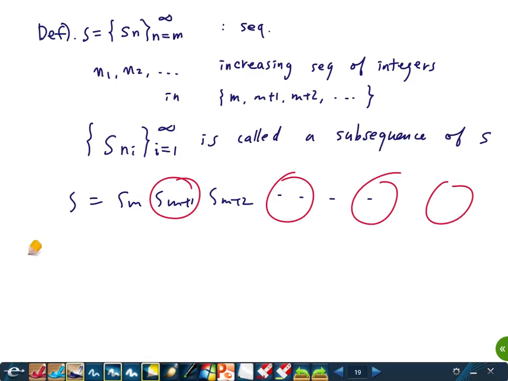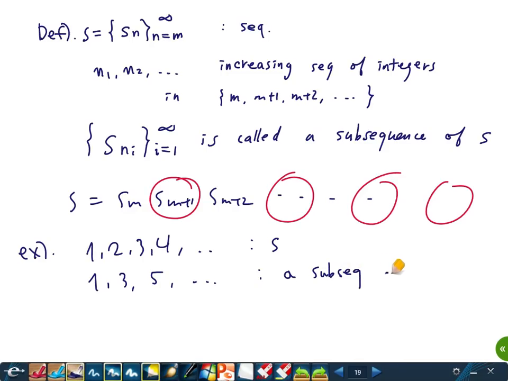So for example, 1, 2, 3, 4, dot, dot, dot. This is a sequence S, and 1, 3, 5, the sequence of odd numbers, is a subsequence of S, right? But like 2, 1, 3 is not a subsequence of this because they are not in the same order.